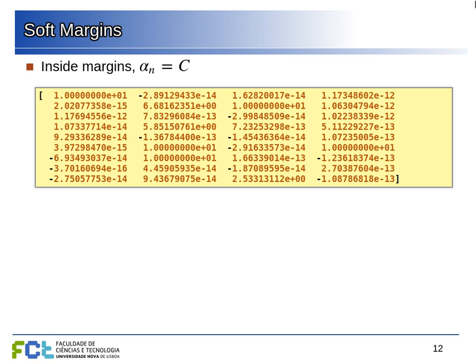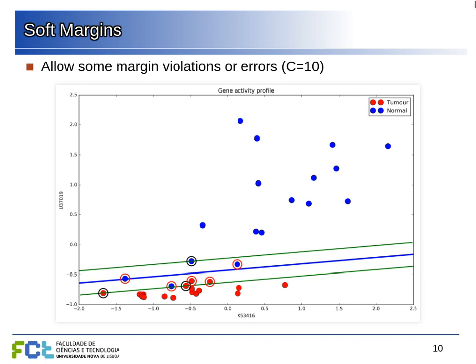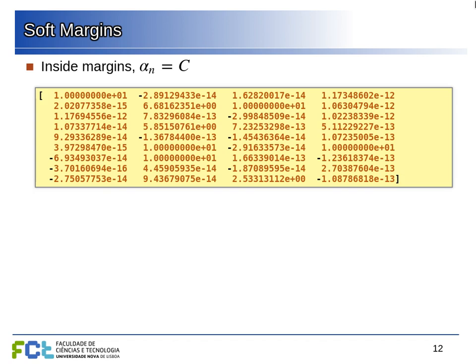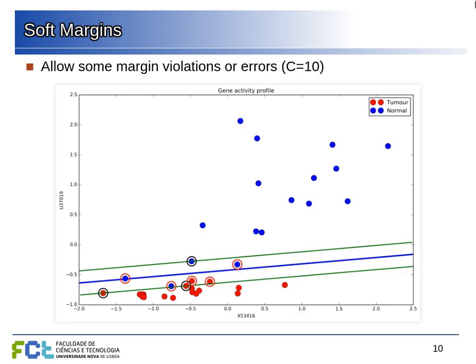So these are the ones for which the Lagrangian multiplier was maximized, and these correspond to these in red, which are inside the margin, or even on the wrong side of the classifier. And then we have these support vectors, for example, here, 2.5, or there are others here, 6.6, and so forth. These are the support vectors that lie at the margin. So these have a Lagrangian multiplier that is greater than 0, but not as high as C. So this is the idea for the soft margins.